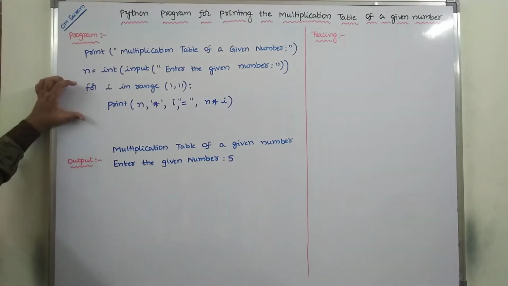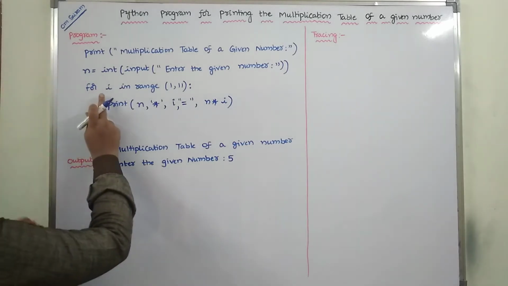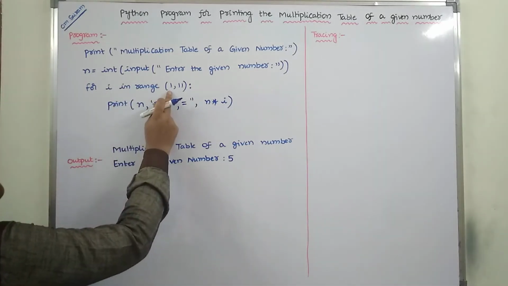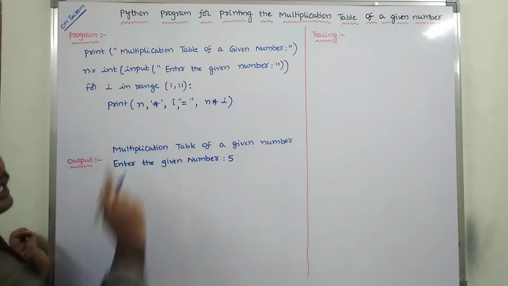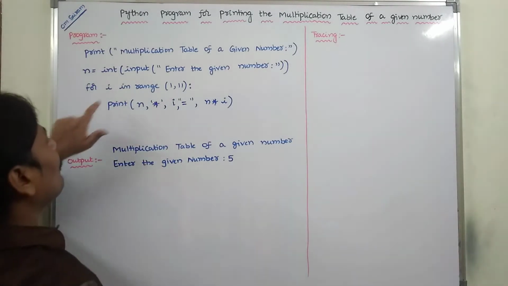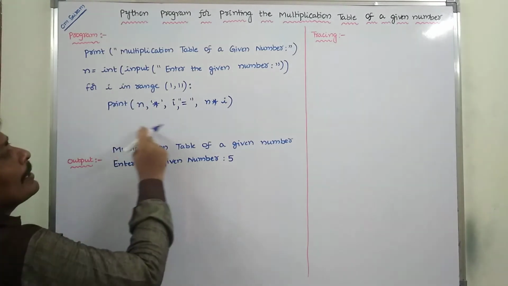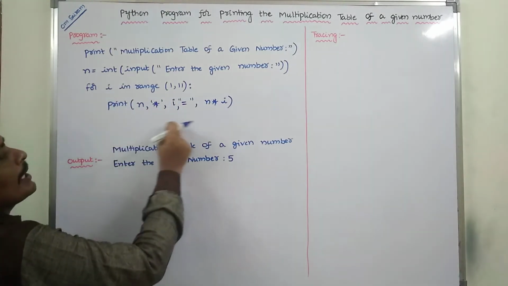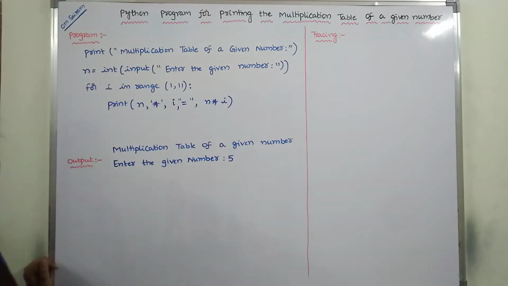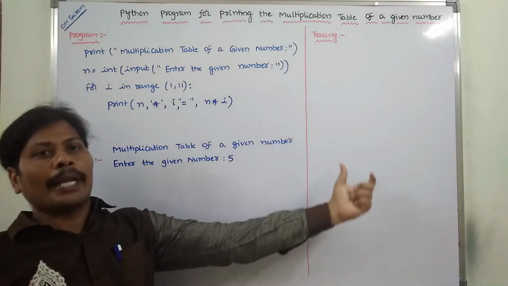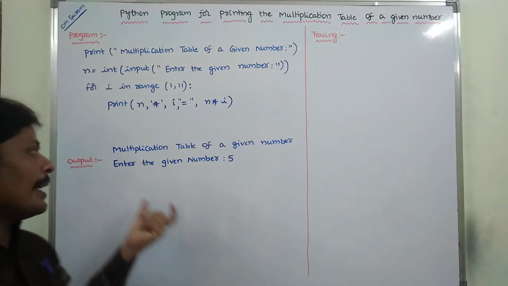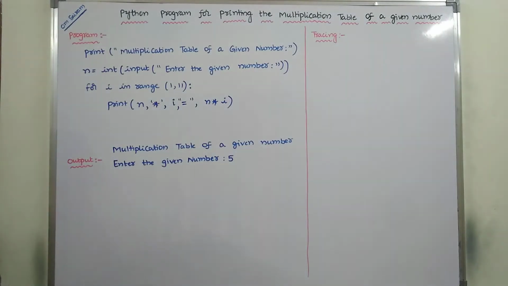Next, the for loop: loop variable I starts with 1 and ends before 11. Whenever the condition is true, the body of the for loop is executed. Now I am tracing the program to write the multiplication table.